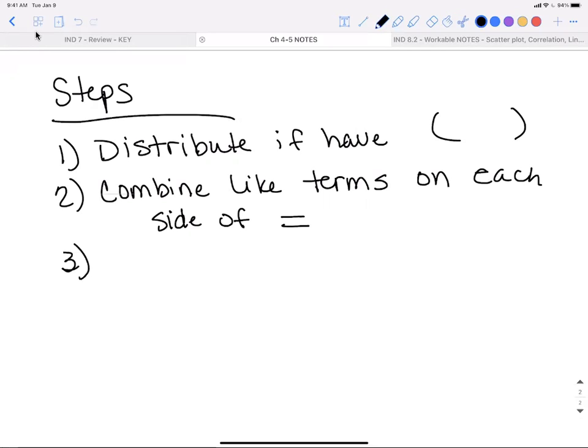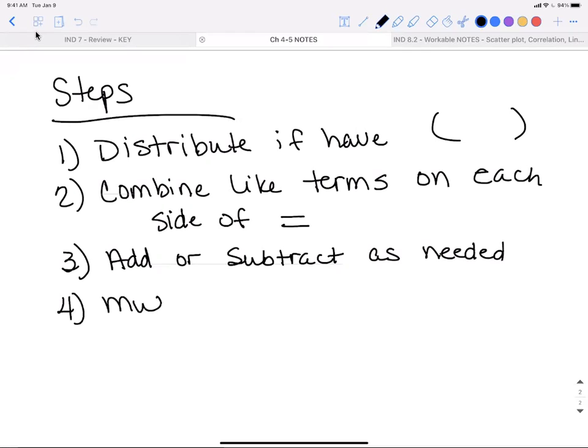Step 3 is to add or subtract as needed. And then step 4 is to multiply or divide as needed. And really all these are as needed.